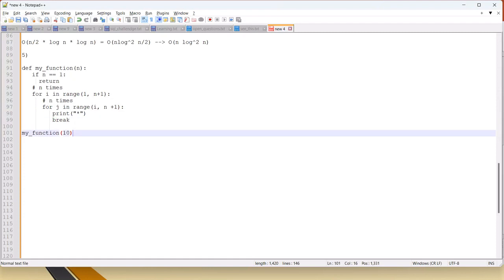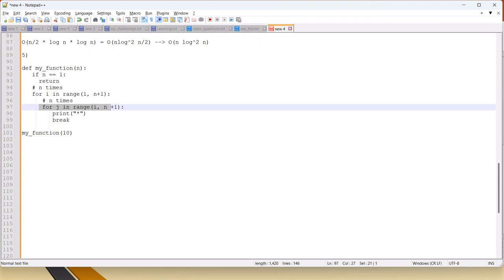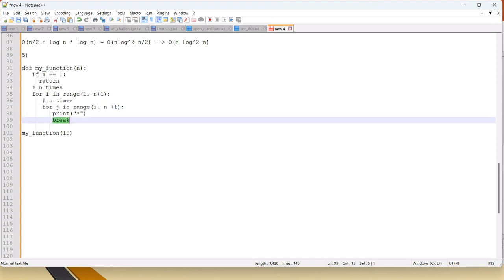Now if you call this function with the input as 10, first it comes here for i in range of n plus 1. It executes this loop and then it goes inside this, but it will break. It will not execute this again and again. Because of this break statement, it will run for only once, correct?